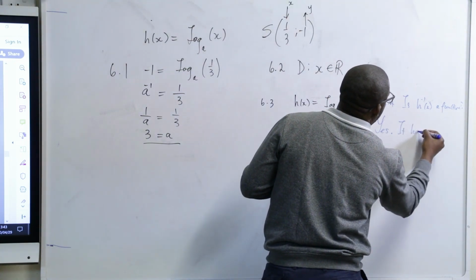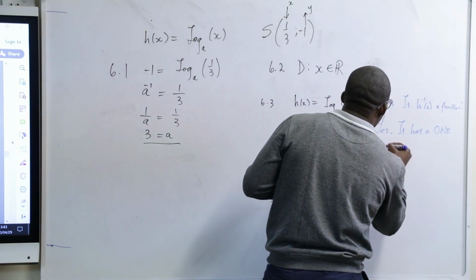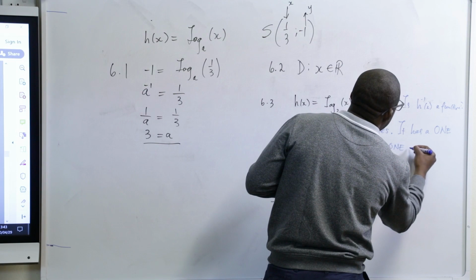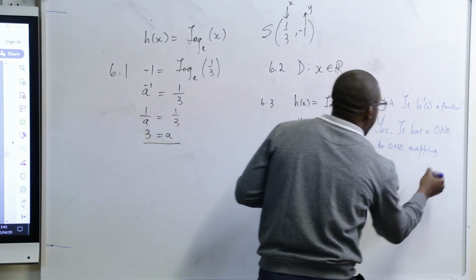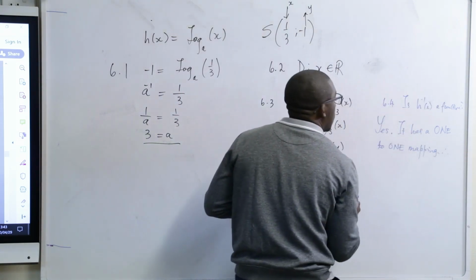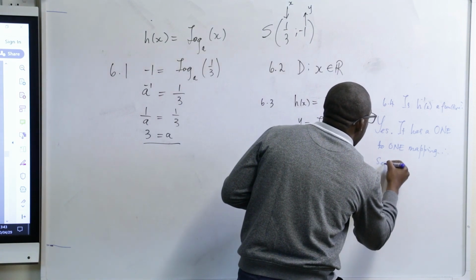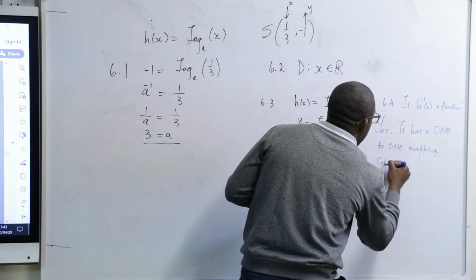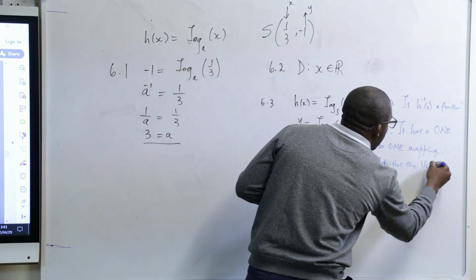It has a 1 to 1 mapping. Therefore, it satisfies the vertical line test.